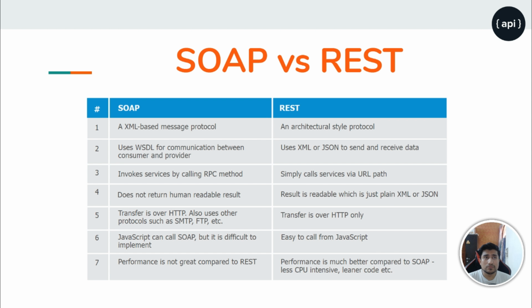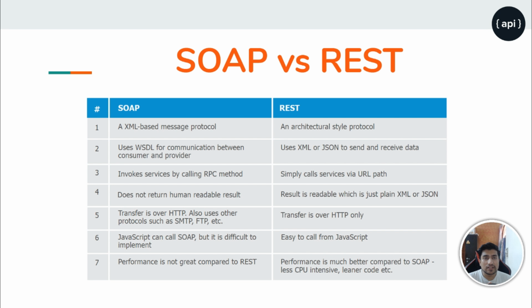And most of the time, SOAP is envelope based. It contains certain envelopes to send messages, so generally it's not human readable. Whereas in REST, most of the time the response is XML or JSON, which can easily be interpreted by any human.